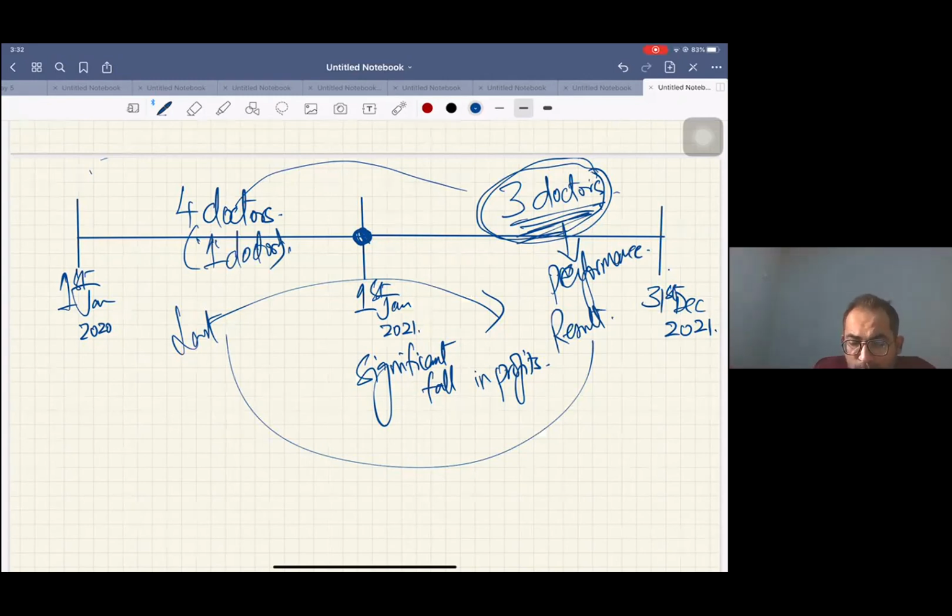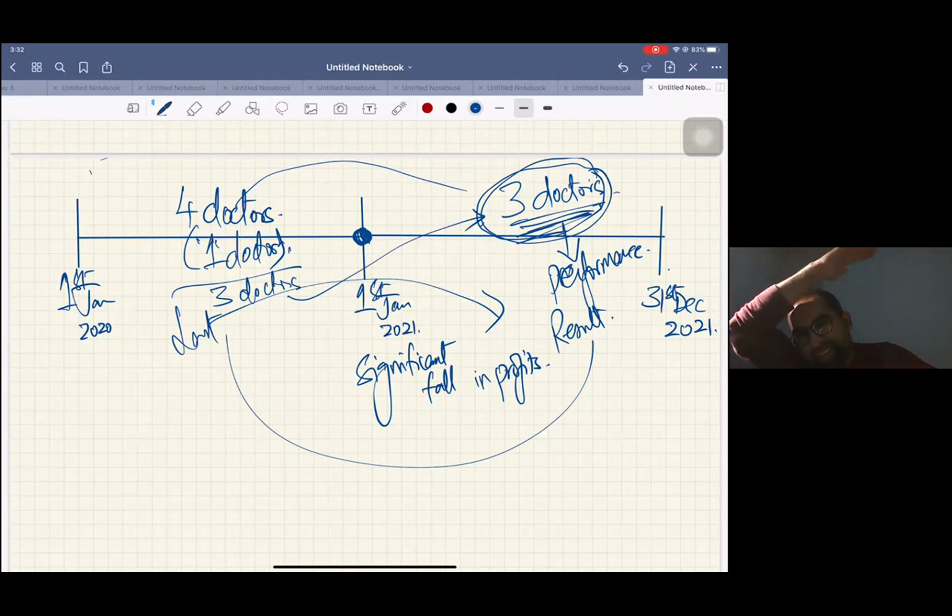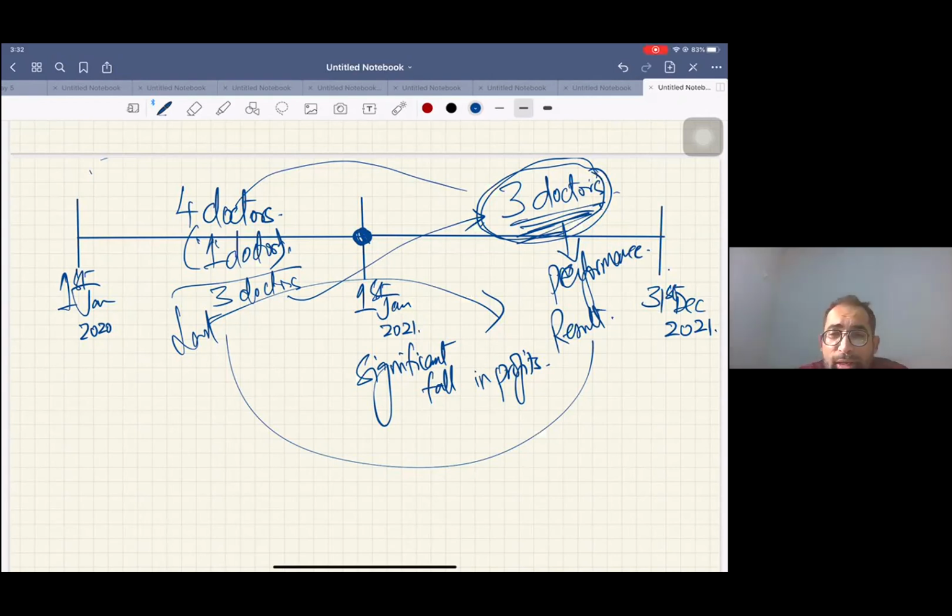Then you compare the three doctors' results from last year with the current year's three doctors' results. You will come to know the real decline in profits and performance of these three doctors. This way we do analysis, and this is very interesting analysis.